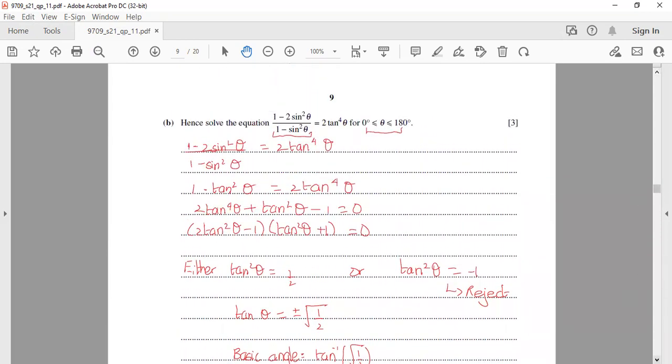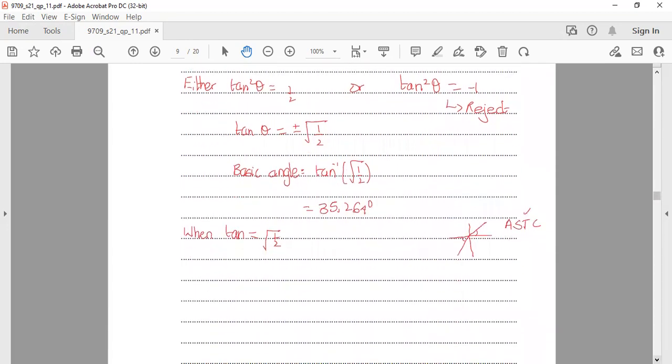Therefore theta is only equal to 35.264 degrees for the first quadrant. Now let's consider the case when tan theta is equal to the negative square root of half. Here tan will be negative in the second and fourth quadrants. But since the range is 0 to 180 degrees, we will consider only the second quadrant.